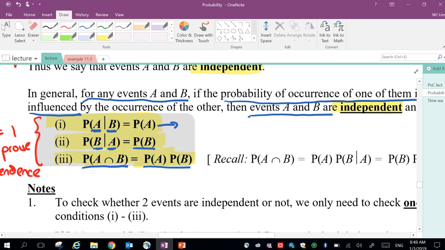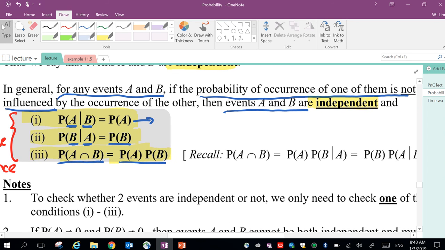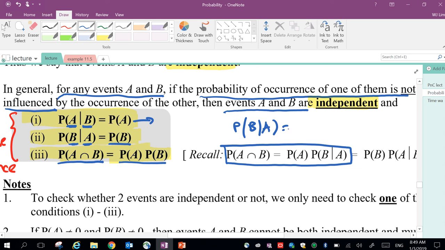Why do I have this? If you recall, this is the formula: the probability of B given A is the probability of B intersect A divided by the probability of A.